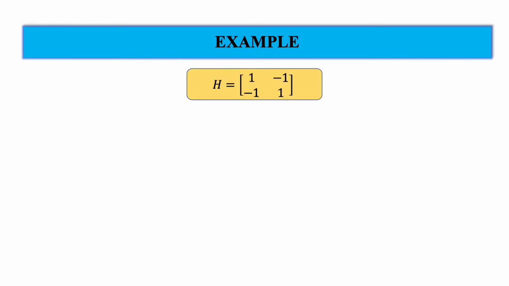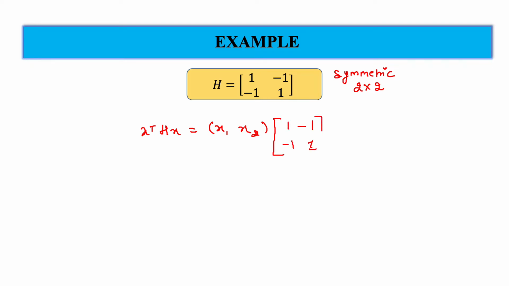Now suppose we have this matrix H. H is [1, -1; -1, 1]. It's a symmetric matrix of order 2 into 2. So now let us find x transpose Hx. Since this is a 2 into 2 matrix, x transpose will be x1 x2, H is [1, -1; -1, 1] and x is x1 x2.